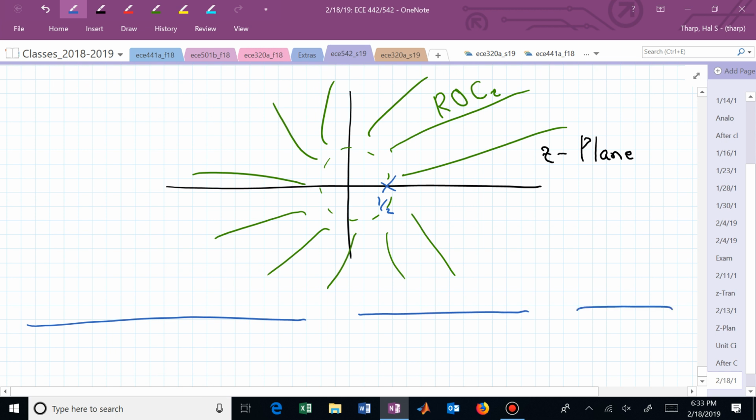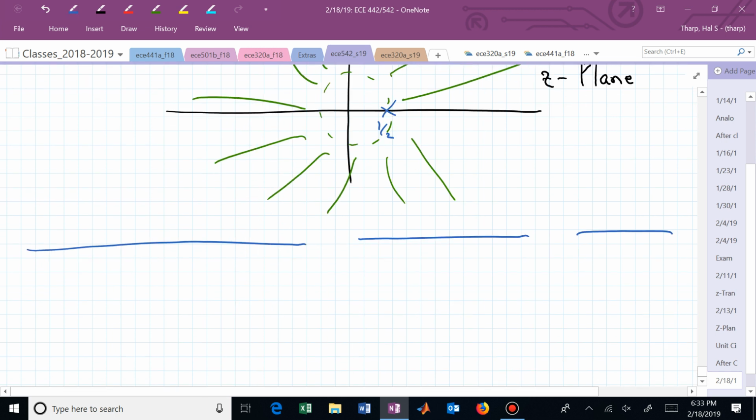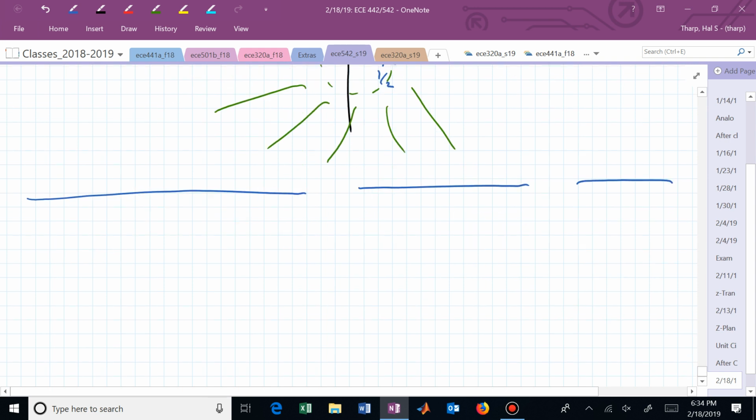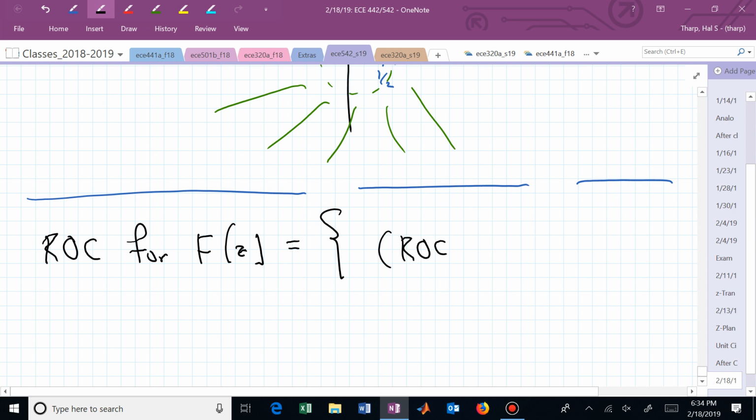F, the actual z transform that we wanted, is a combination of 2 pieces, and we have to combine or find their common region of convergence, or the intersection of these 2 regions. The region of convergence for f of z is equal to ROC1 intersection with ROC2.